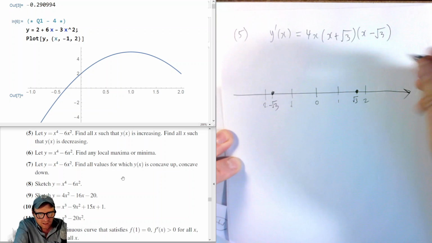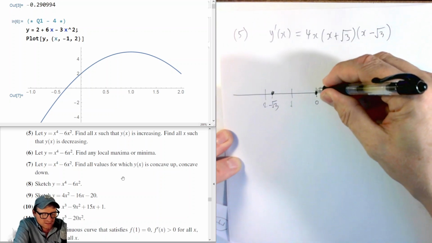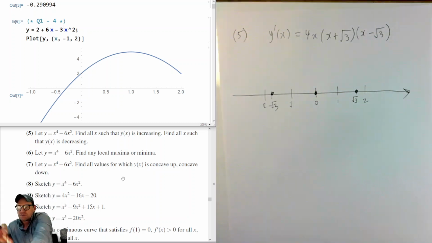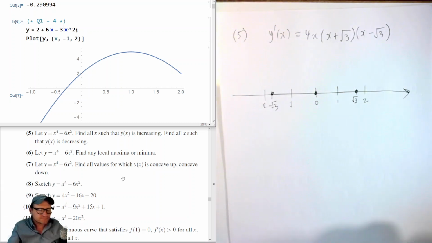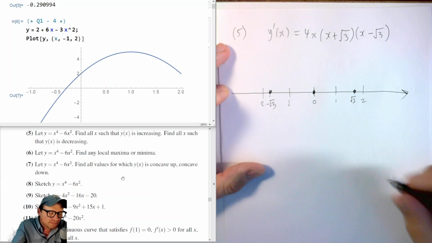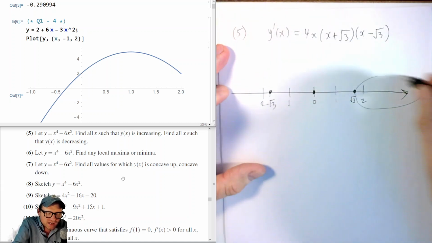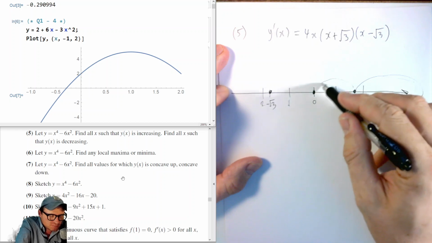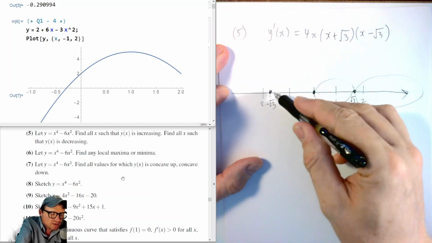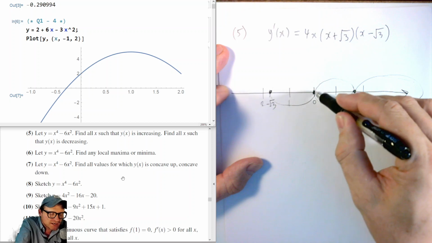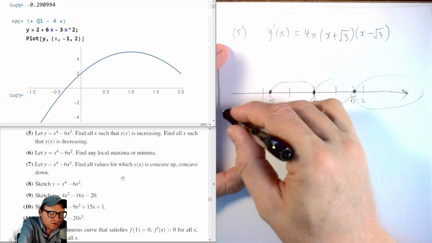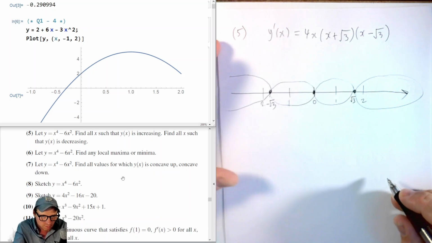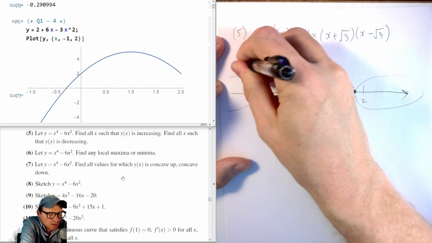Fill that in here as well. And then let's identify 0. So what are my regions? So regions of interest here are on the right-hand side of root 3. And then we have a region between 0 and root 3. We have a region between minus root 3 and 0. And we have a region on the left. Okay, so let's label these region 1.